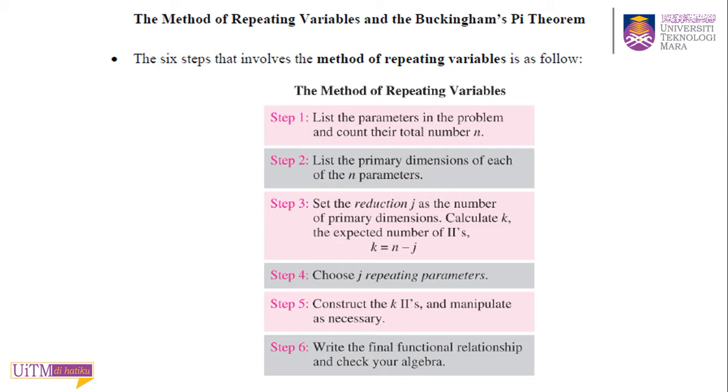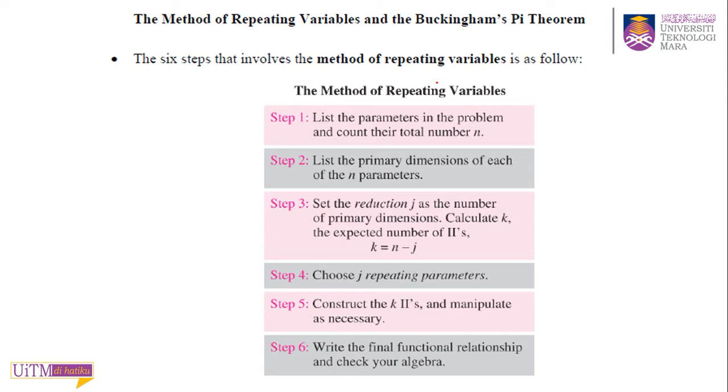So the first step is to list the parameters in the problem and count their total number. Don't worry, I will explain first and then we will look at an example of how we can use these 6 steps to generate the dimensionless parameters.